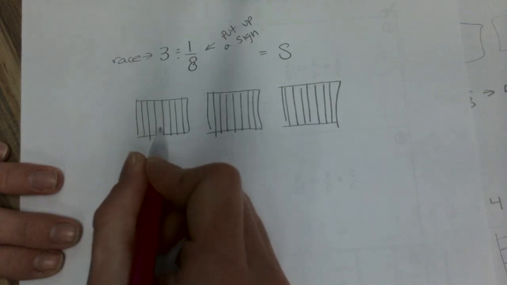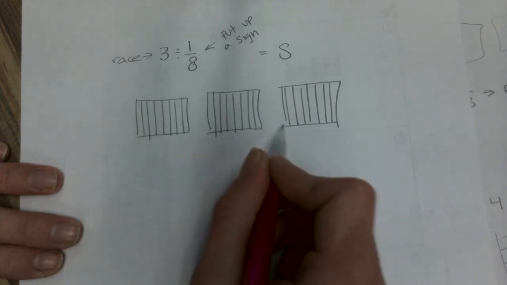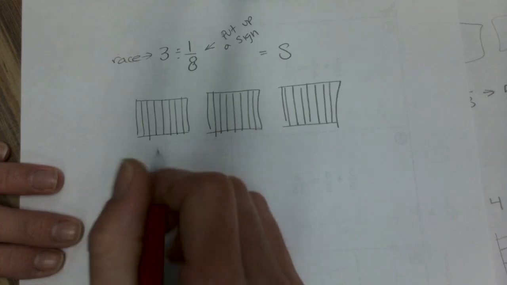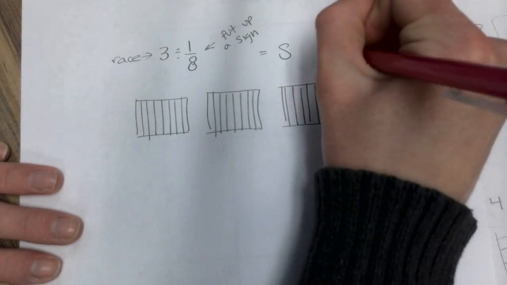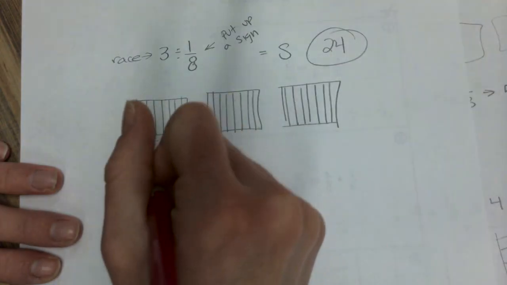Count 1, 2, 3, 4, 5, 6, 7, 8. And I could keep going, but I also know 8 times 3 is 24. 24, that's the keep change flip method.